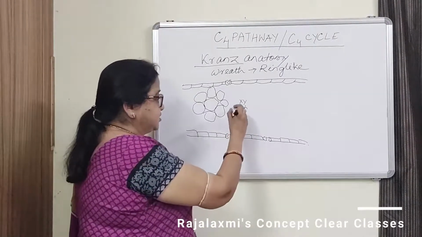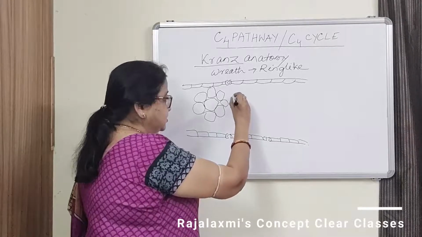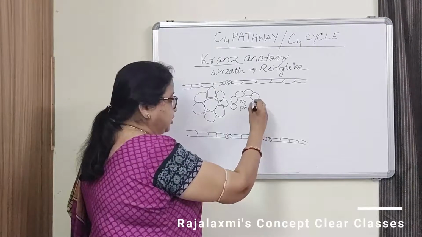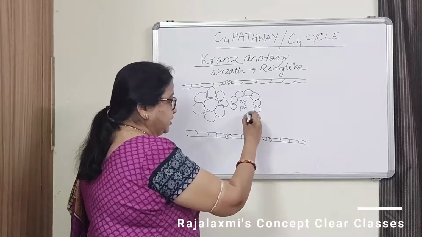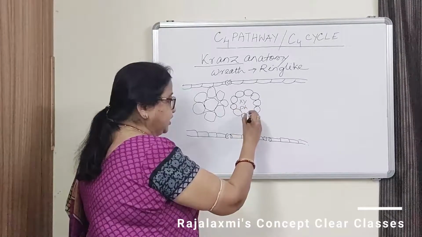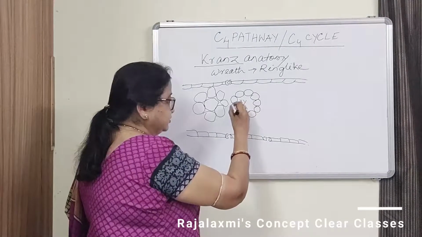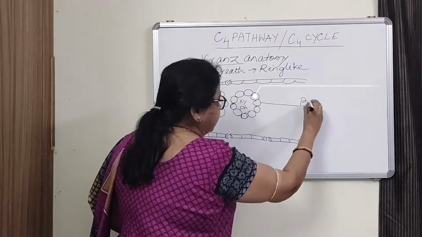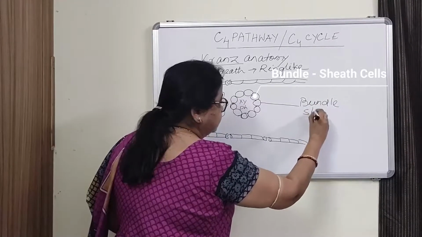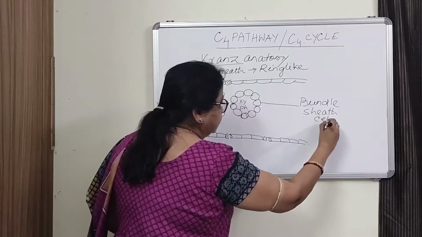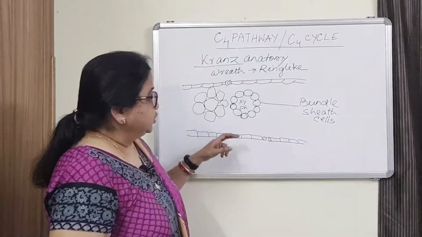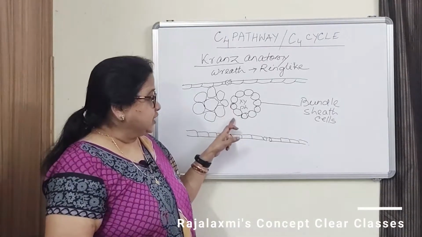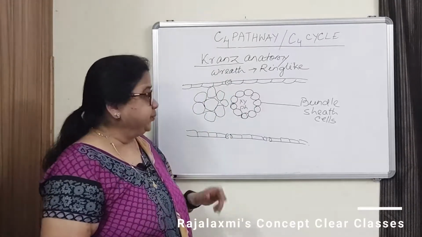And in these C4 plants there are special cells that surround the xylem and phloem in a ring like manner, known as bundle sheath cells. So, due to the ring like arrangement of the bundle sheath cells, this anatomy is known as Kranz anatomy.